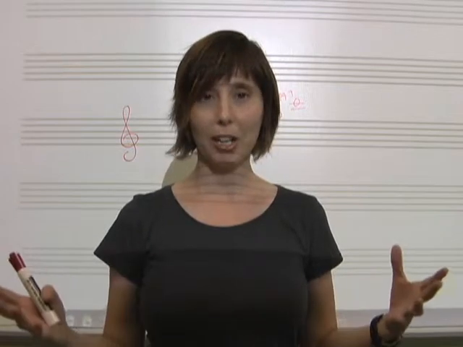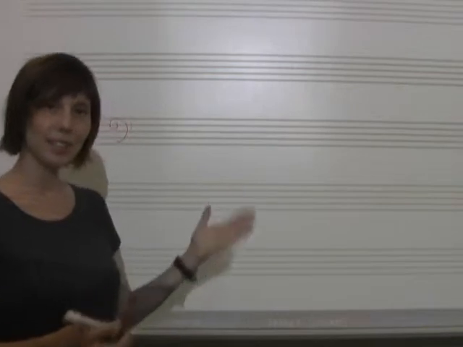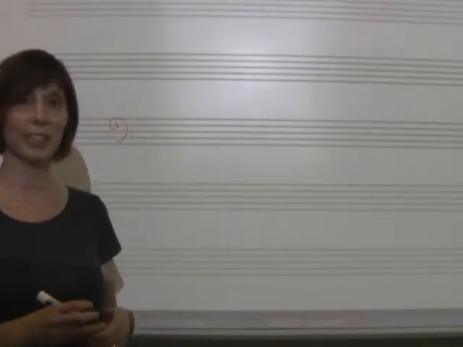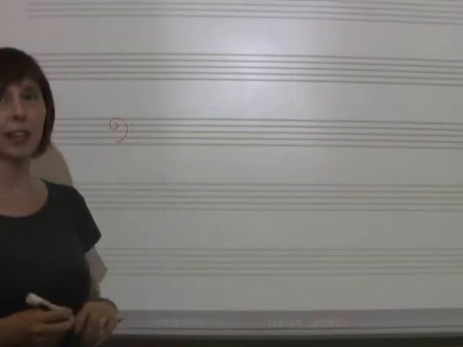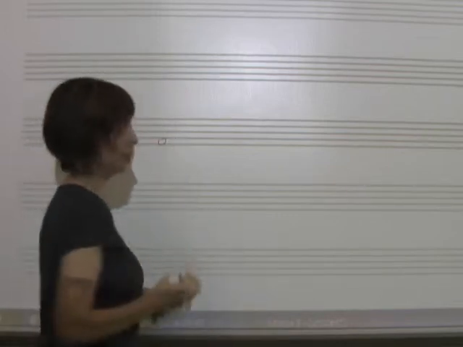So now let's talk about how to find interval qualities. I think it's important for us to remember to use bass clef sometimes so we don't forget about it. So we'll use the bass clef. Now, if I want to find a perfect interval, say I want a perfect fifth above A. What I need to do is start on A and think of the A major scale and go up to the fifth note.